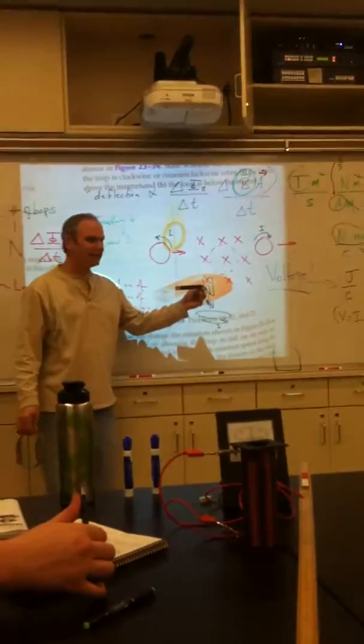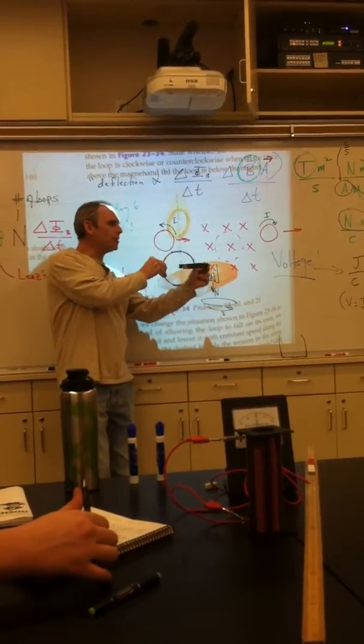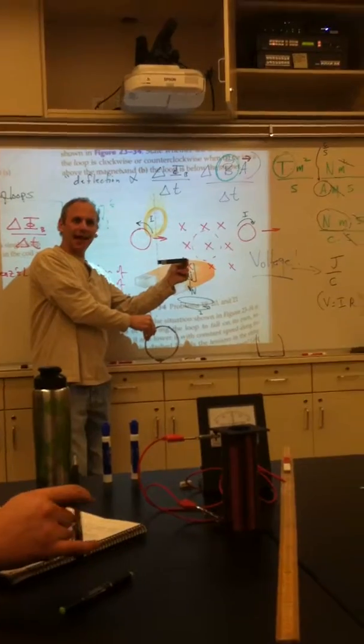Okay. Now, look at this thing. Watch this. This picture, don't be disturbed by the attempt at 3 dimensions here. If you want to imagine that the horseshoe magnet is facing you perfectly like this, and that this thing is just falling through the horseshoe magnet like that.